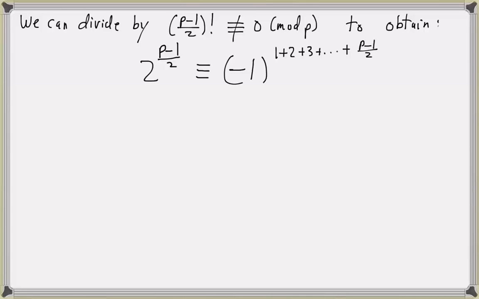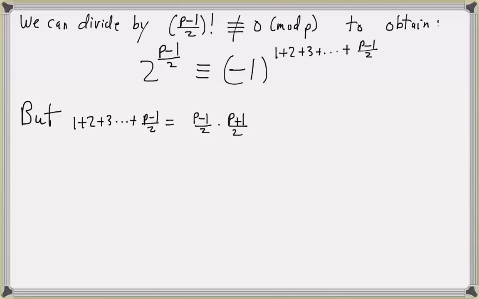And there's a classic formula for the sum of the first n integers: n times (n plus 1) over 2. So if I use that formula, 1 plus 2 plus 3 up to (p minus 1)/2 would equal (p minus 1)/2 times, if I add 1 to this, I get (p plus 1)/2.